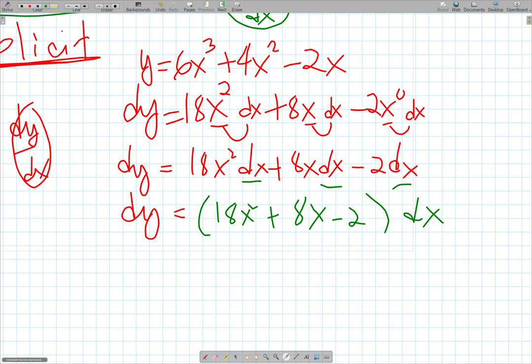So again, what do we want here? We are solving for dy over dx.